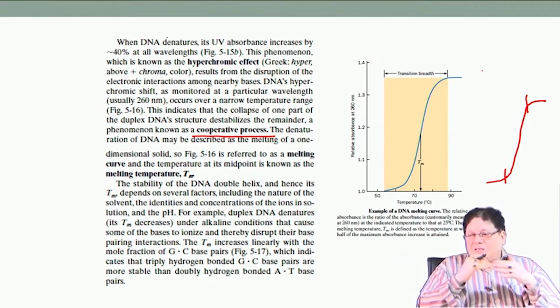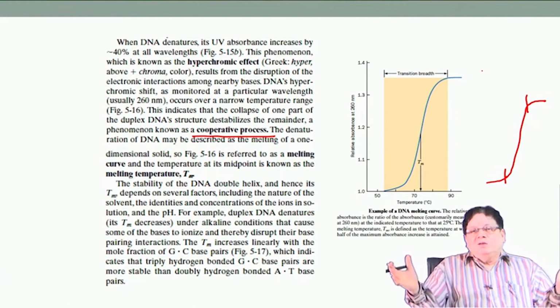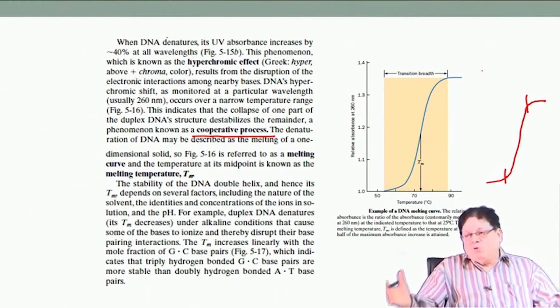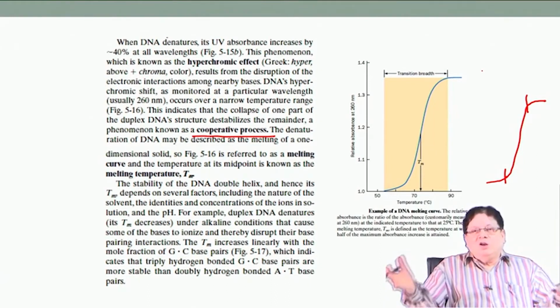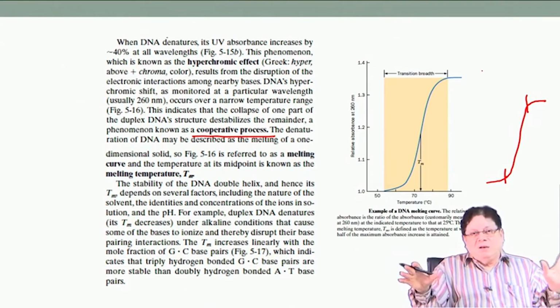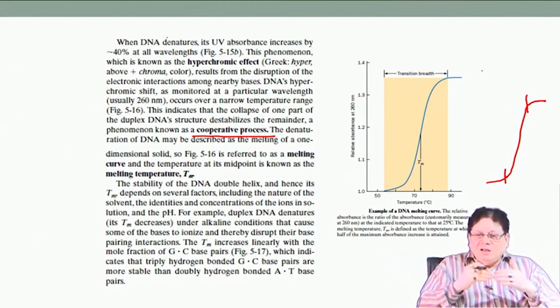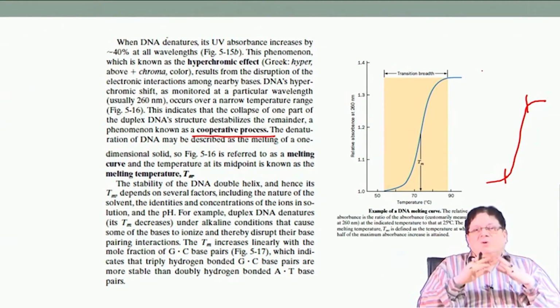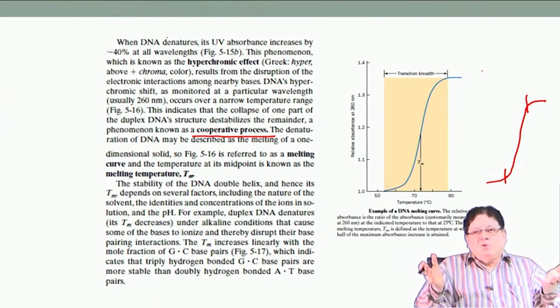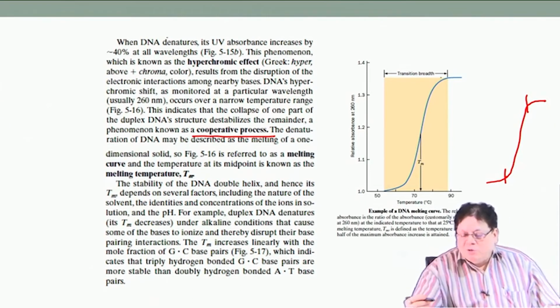So there will be less absorption of light at that time, and when the hydrogen bonds are broken, the bases are now more exposed to the UV light. So there will be more absorption, as simple as that. As you break it, the bases are now free to absorb, otherwise earlier they are all stacked together, congested in a narrow pocket inside the DNA. So as it becomes open, it absorbs more. So there is an increase of absorption.